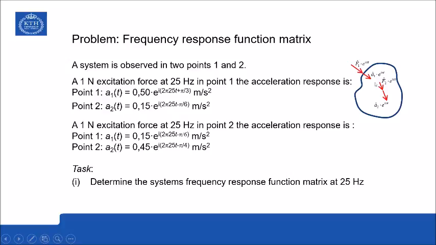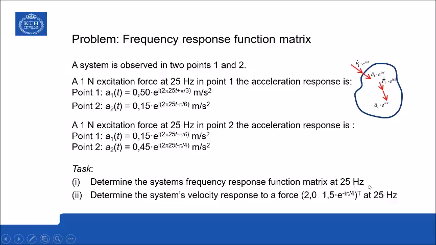Okay, so the task now is first of all to determine the system's frequency response function matrix at 25 Hz. And secondly, to determine the system's velocity response to a force that can be written, well, in point 1 the force magnitude is 2 newtons and the phase angle is 0.